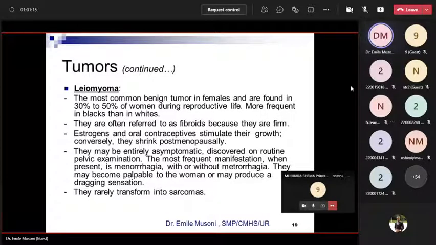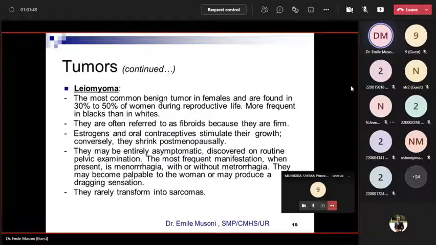You will never see leiomyoma in menopause, because they are induced by estrogen, and in the case of menopause, there will be diminution of the estrogen. This is why leiomyomas shrink in postmenopausal women. There will be shrinkage of that leiomyoma.